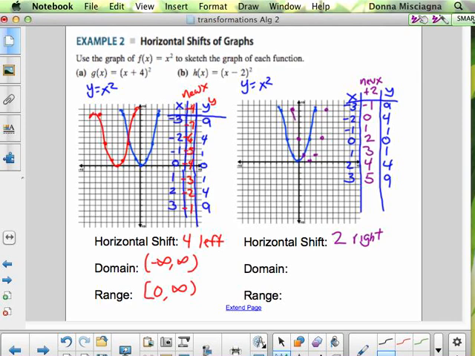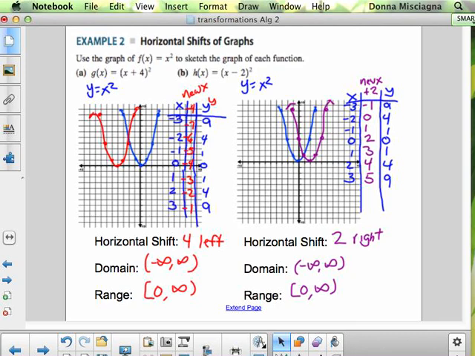So here is the graph. Everything has been shifted 2 units to the right. No change, of course, in the domain, negative infinity to infinity. And the range is still going to be 0 to infinity because we only moved it to the right. We didn't move it up and down.